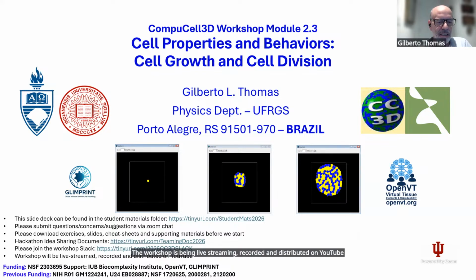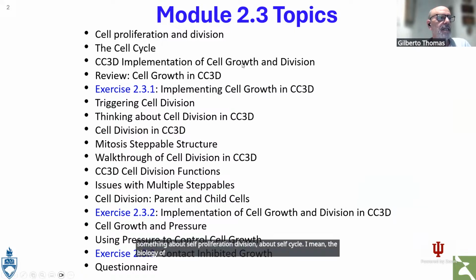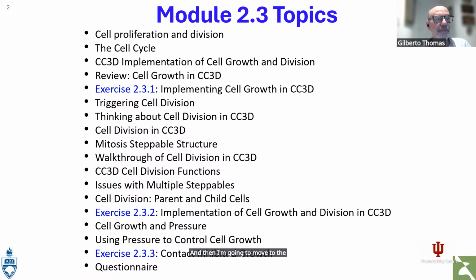Okay, let's start by showing the topics of this talk. I will start with something about cell proliferation, division, about the cell cycle, I mean the biology of the thing. Then I'm going to move to the implementation of growth and division in CompuCell.